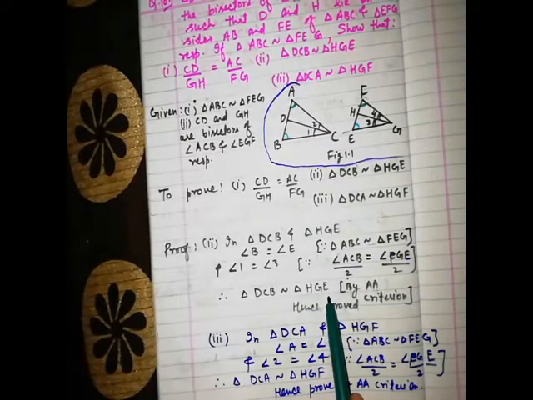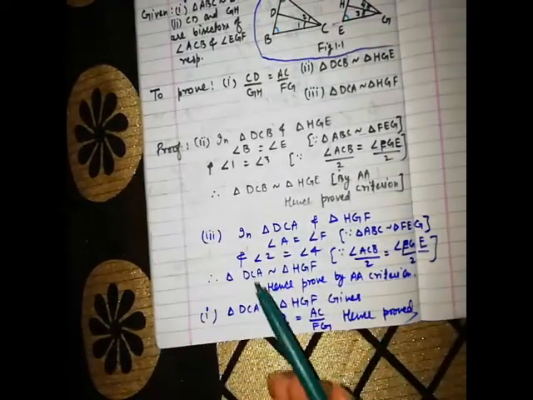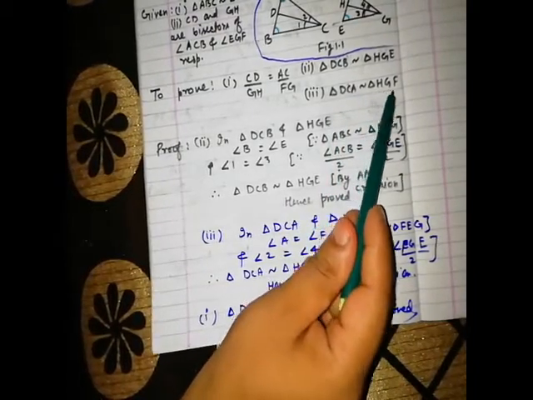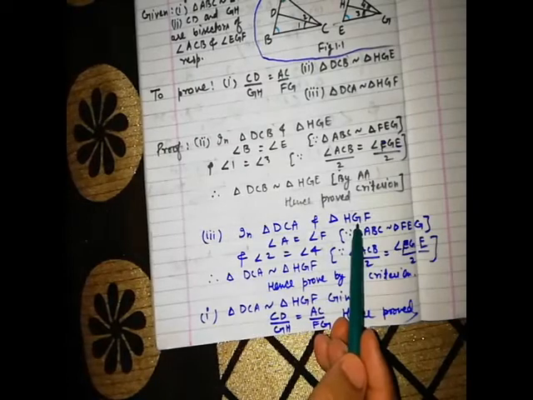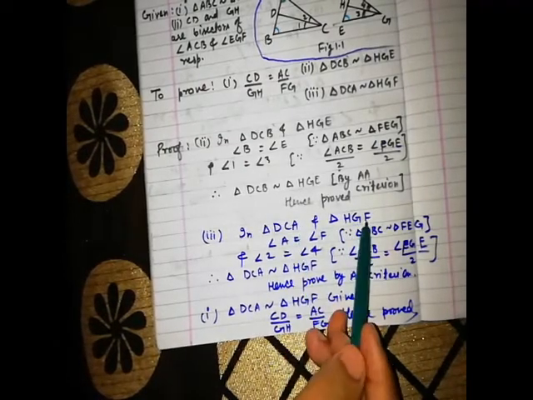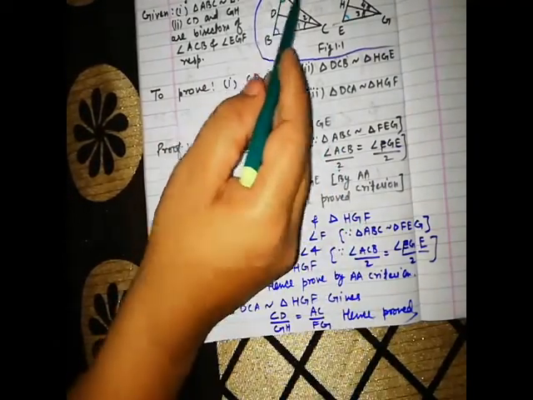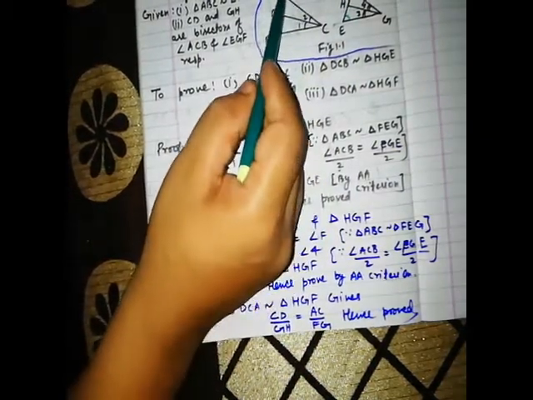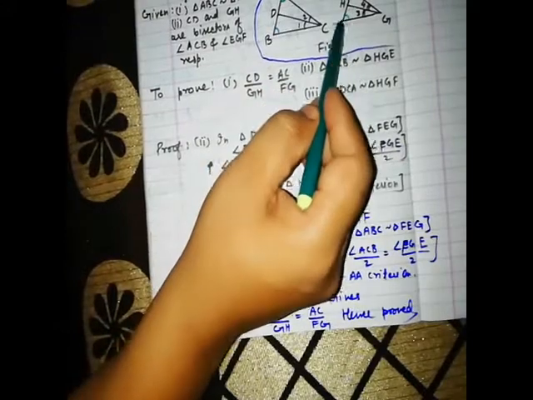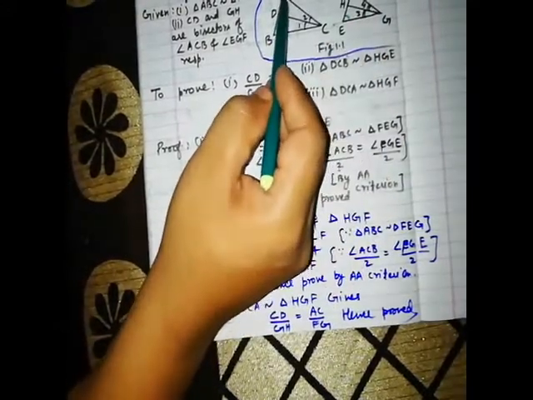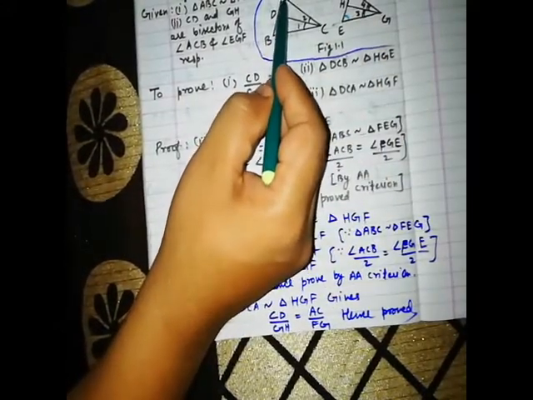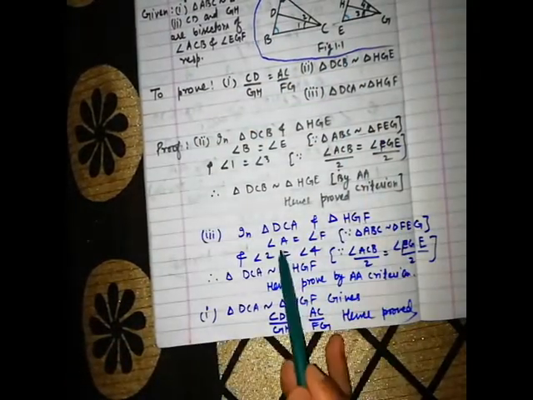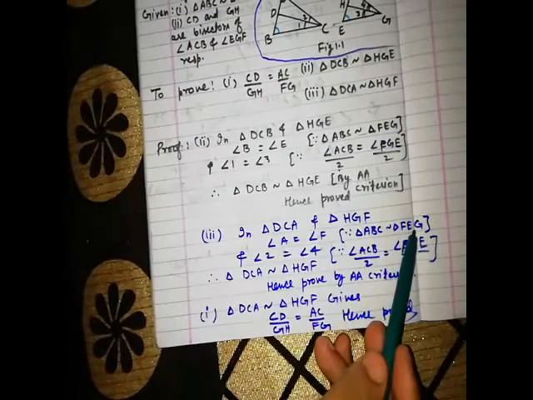Similarly we have to prove part third. In part third, we have to take triangle DCA and triangle HGF. Here, angle A is equal to angle F, because these are corresponding angles of similar triangles ABC and FEG. The angle at the first letter, angle at A and angle at F. This is equal because these are similar triangles.